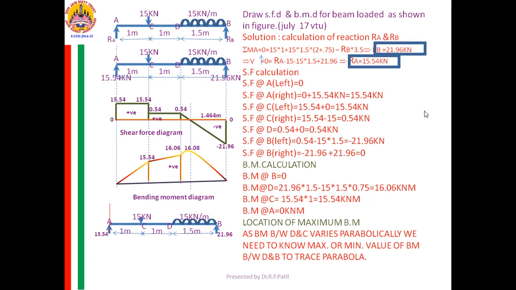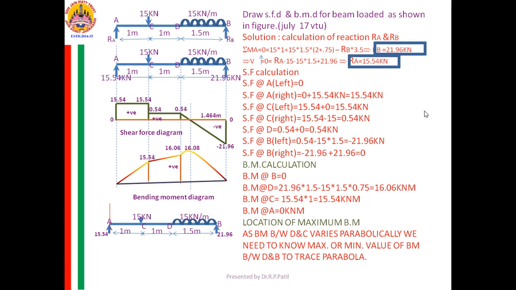I want to join these 2 points. How to join it? For that, either you see the shear force diagram or you see the load. If you are seeing the shear force diagram, listen to me carefully. How is the line?